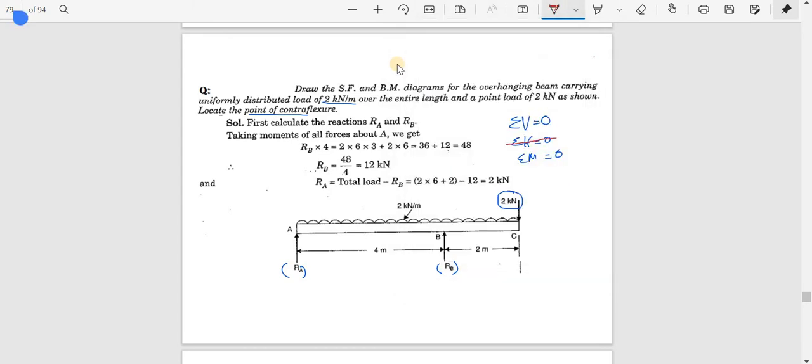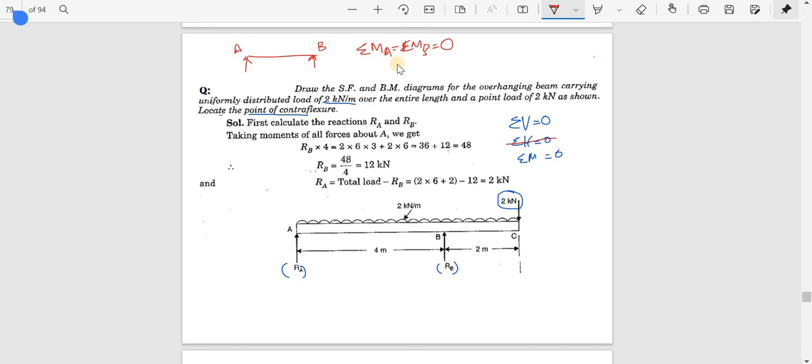Next, we have studied the simply supported beam like this AB. In a simply supported beam, the sum of the moments at A and the sum of the moments at B are 0.